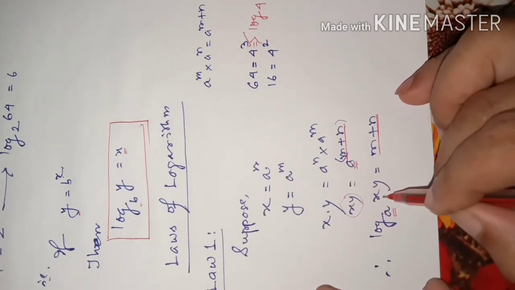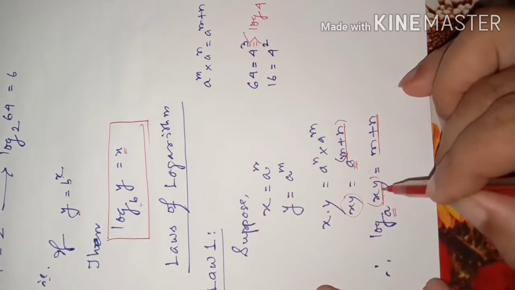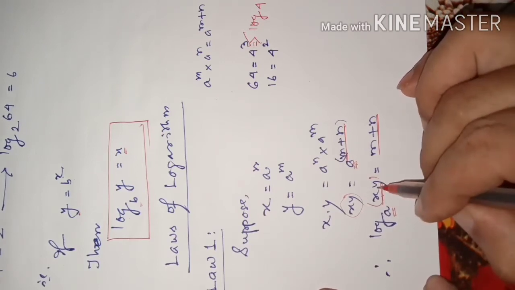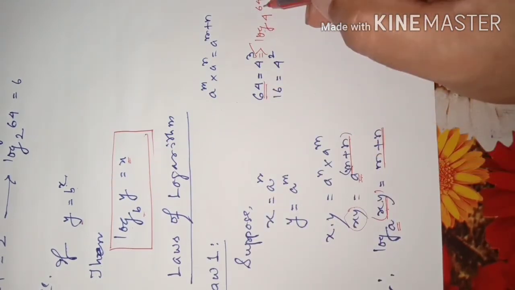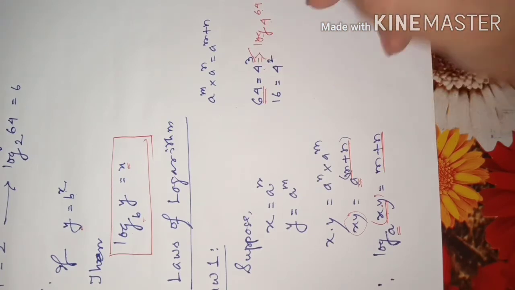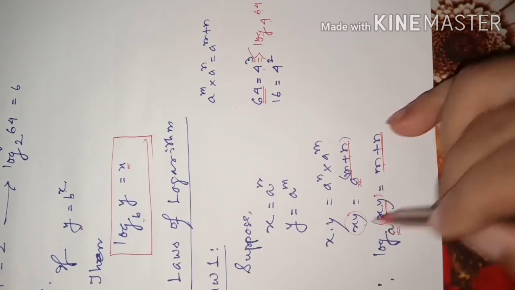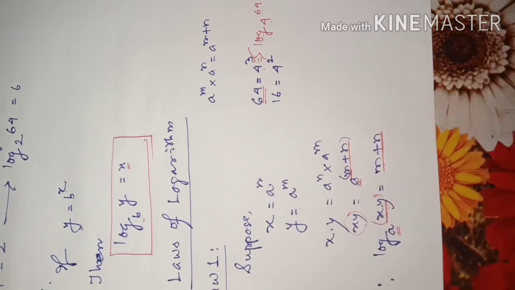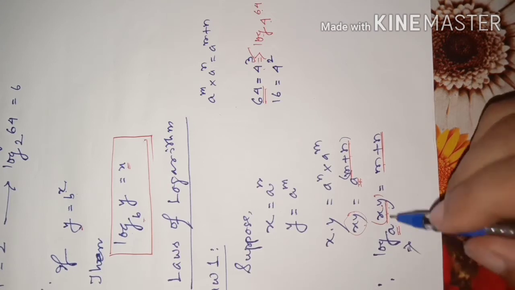We are talking about log of xy, thinking of xy as a single number, as here the number is 64. So log of 64 with base 4, the exponent is 3. So the exponent will be here, the base here, and the log of this xy. Clear?